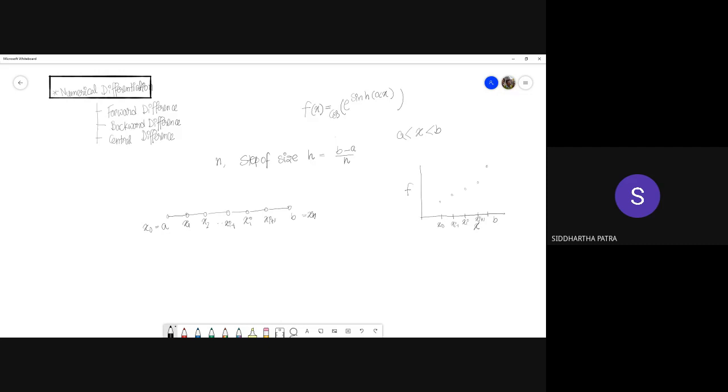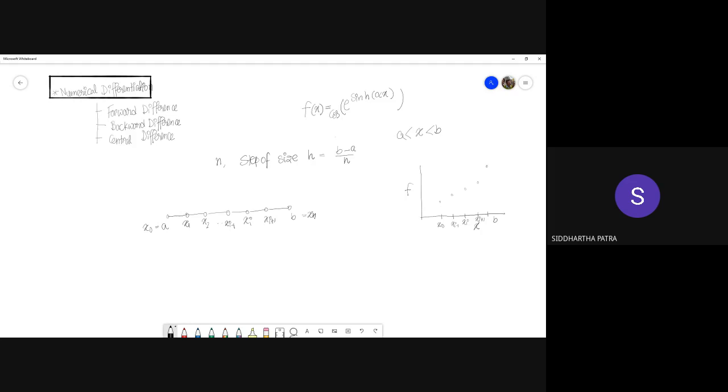Now, to get the numerical differentiation, what we could have done is simply fit a curve through it, maybe a polynomial, then evaluate the derivative of that polynomial and take it as the derivative of the function itself.